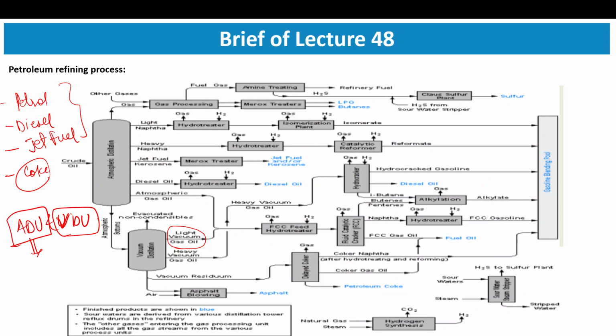If you reduce the pressure, there will be a reduction in the boiling point. So by reducing the pressure inside the column, you are reducing the boiling points of each of these components, and you are able to separate them and recover the products that you require, right?